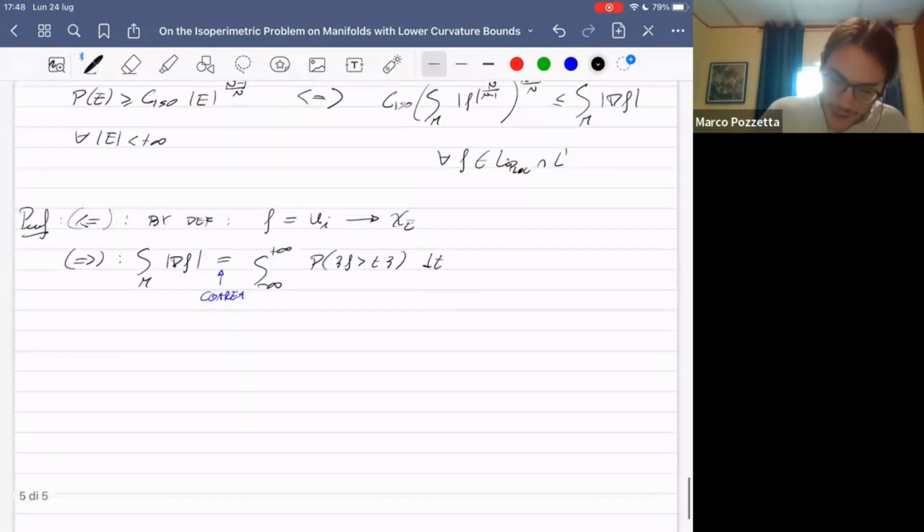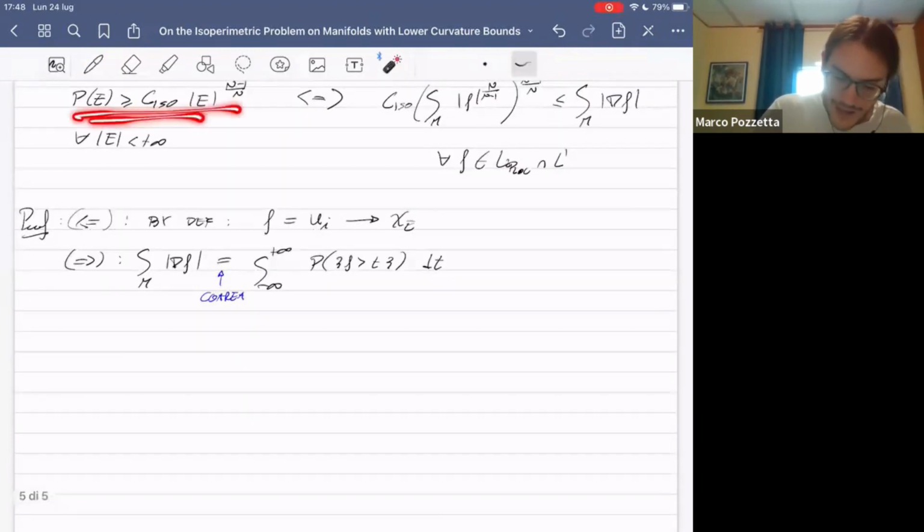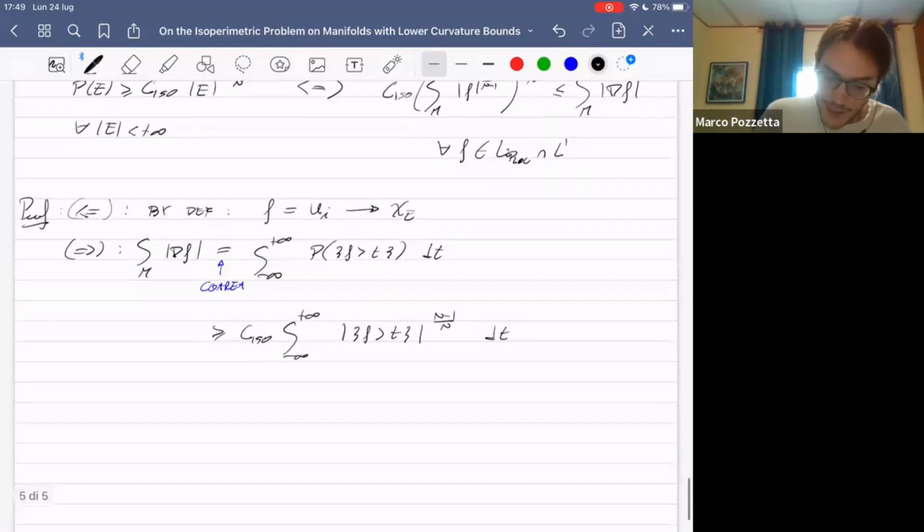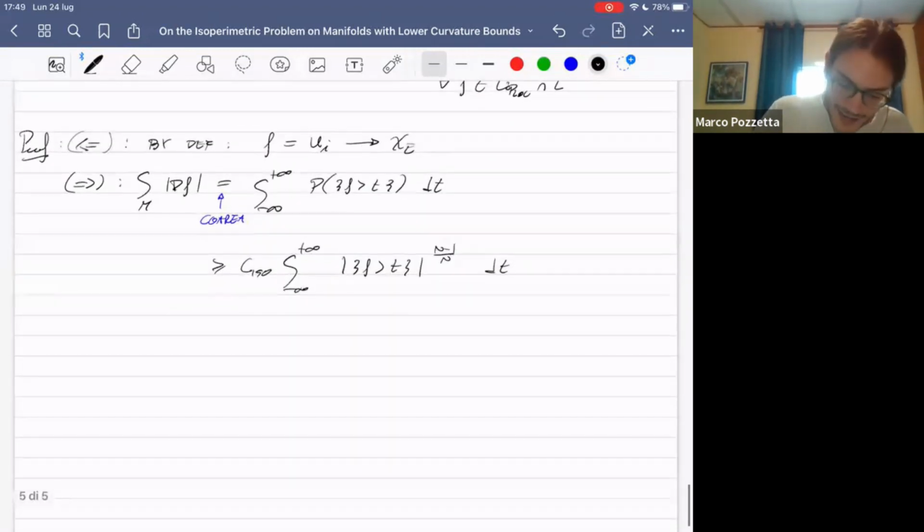And now, because by assumption I have it, I can use my isoperimetric inequality. So this is greater or equal than C iso times the integral from minus infinity to plus infinity of the volume of the super level set raised to the power n minus 1 over n, in dt. Now it is interesting because we can apply a very basic inequality in real analysis.